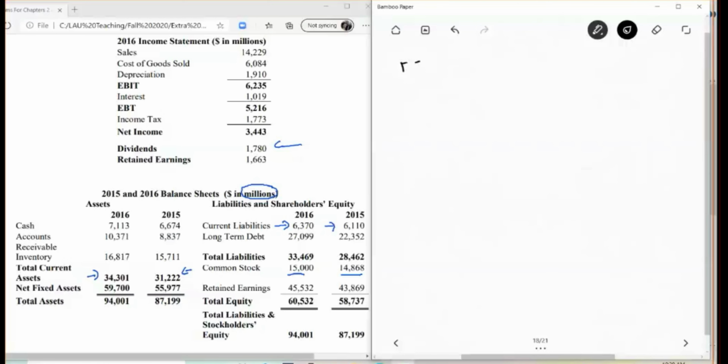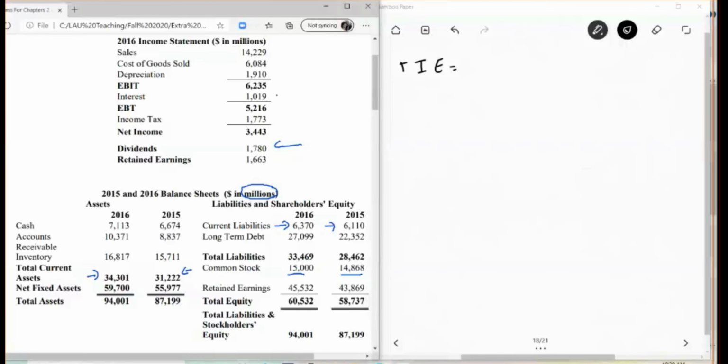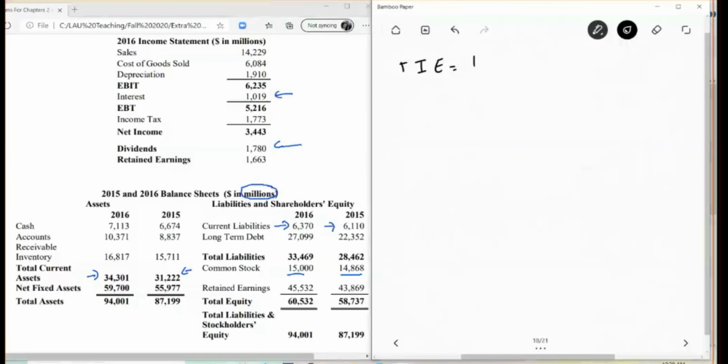Now I compute times interest earned, which is equal to the operating income, 6,235, divided by the interest expense, which is 1019, and the answer is 6.12 times.